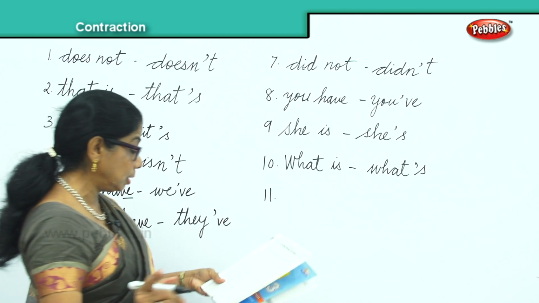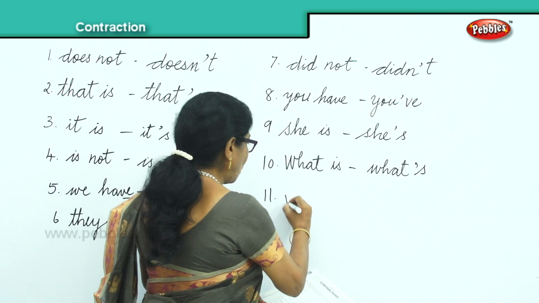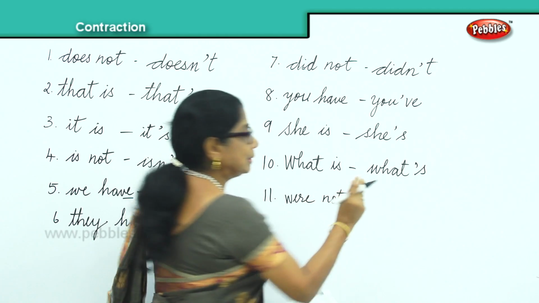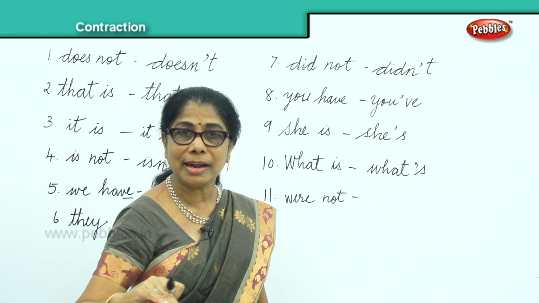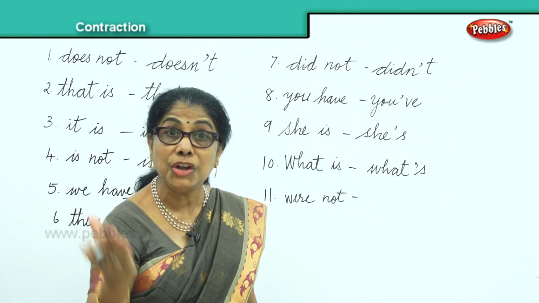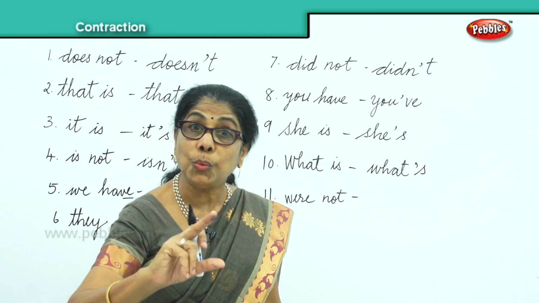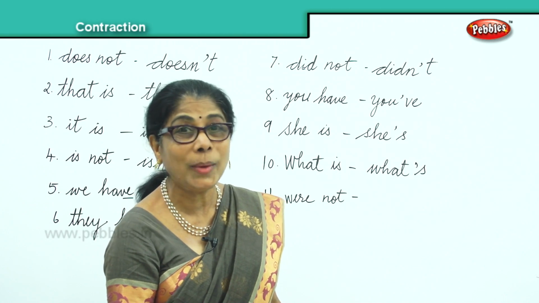And here look at this. Were not. You will say weren't. Here there's a slight change. You were not in the class yesterday. You can also say you weren't present. You weren't.